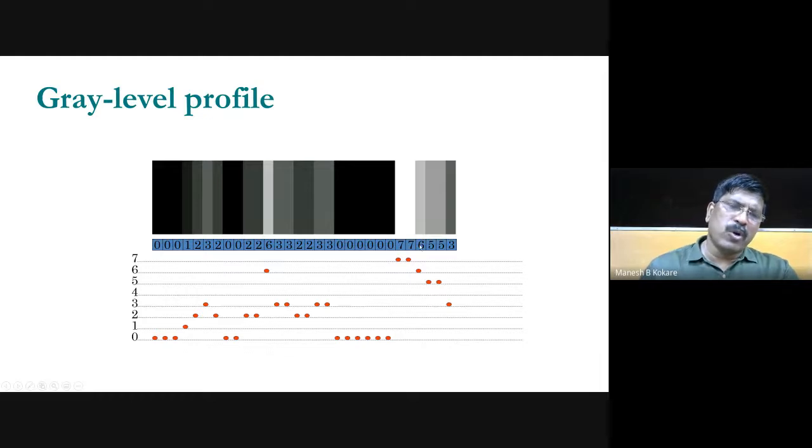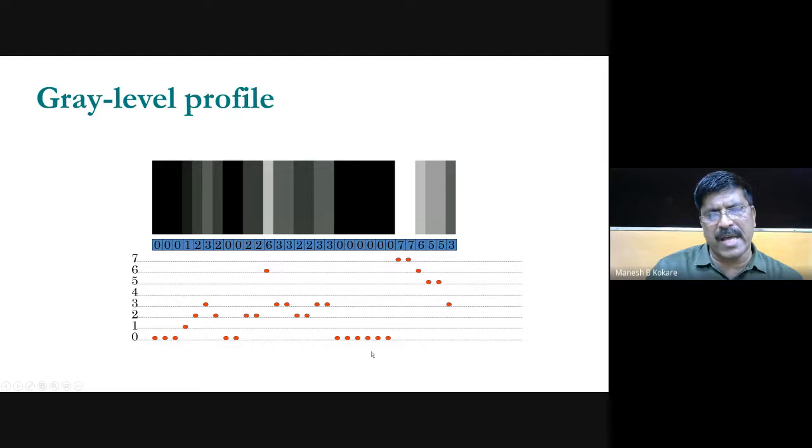In the gray level profile, the y-axis is the intensity and the x-axis is the corresponding pixel. We have plotted the intensity values: the first, second and third pixels are 0, the fourth is 1, the fifth is 2, the sixth is 2, the seventh is 3, and the next is 2, and so on, plotted sequentially.